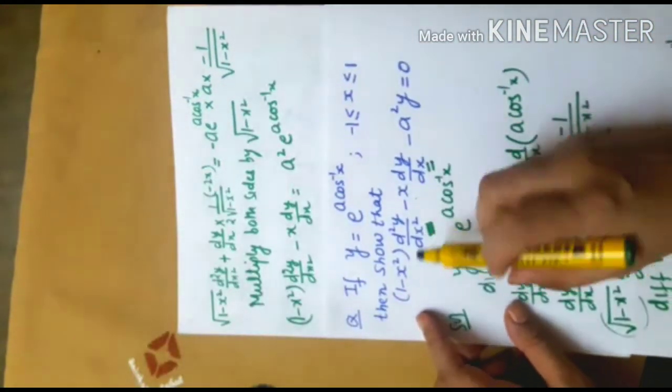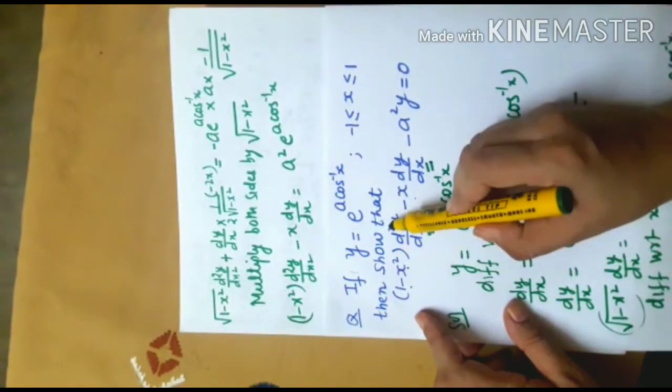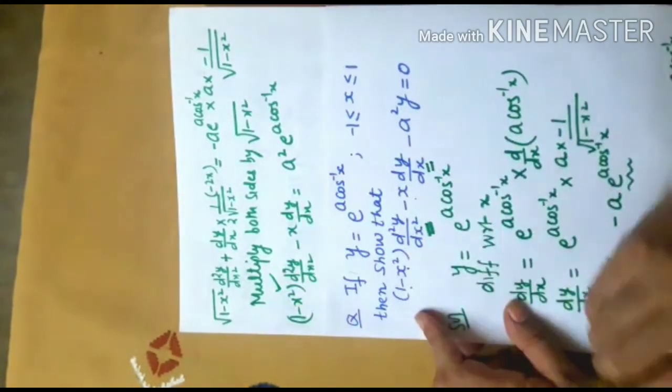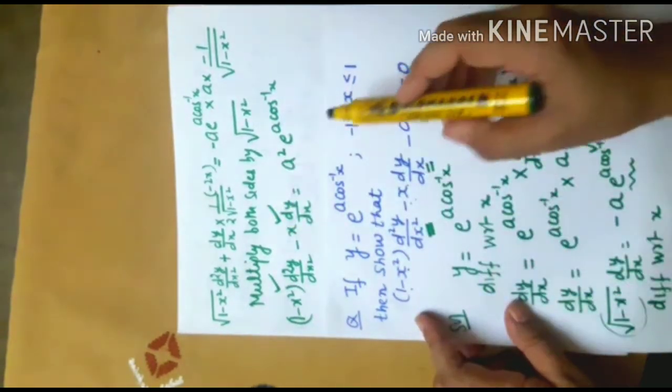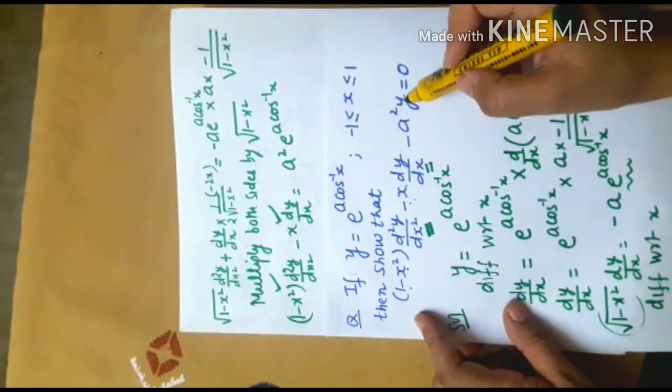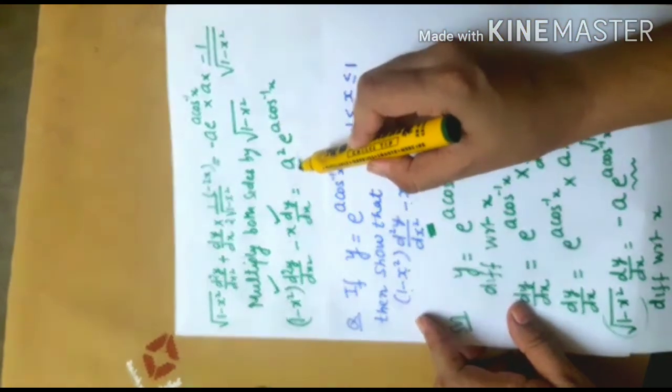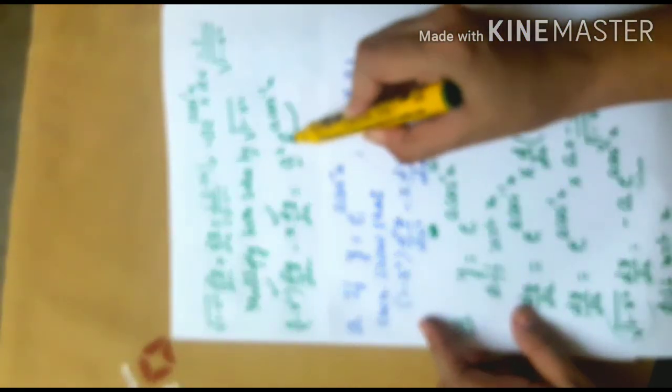Now look at the question. I wanted 1 minus x square d square y by dx square. I have got minus x dy by dx. It's there. I want a square y. I have got a square. Now can you identify what this is equal to? Yes, this is equal to y.